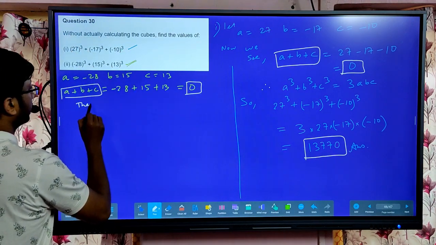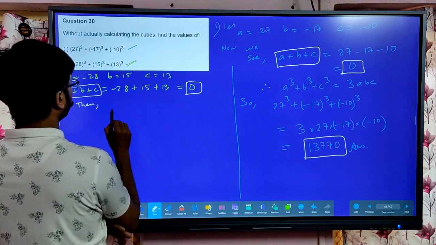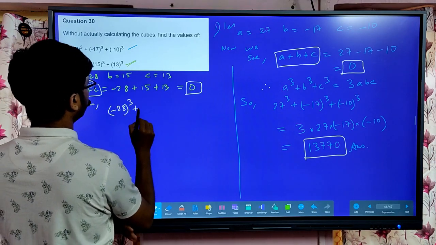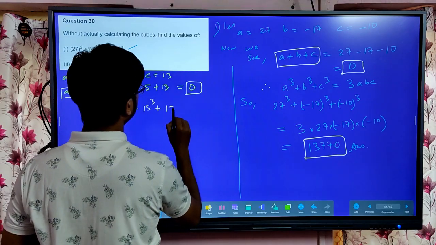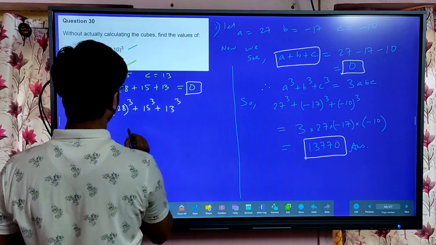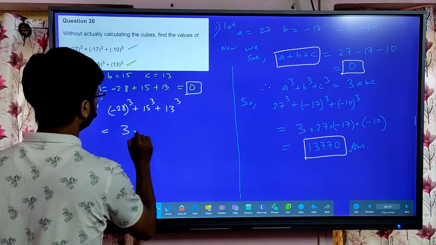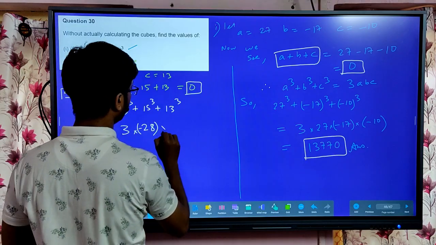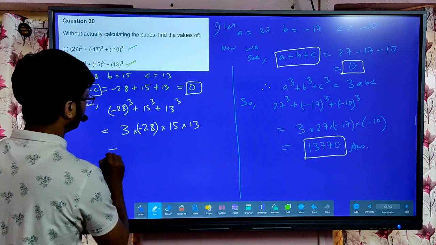Then A cube plus B cube plus C cube will be equal to 3ABC. So A cube is minus 28 cube plus B cube is 15 cube plus 13 cube will be equal to 3ABC, 3 into minus 28 into 15 into 13.